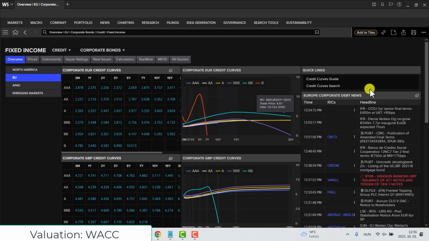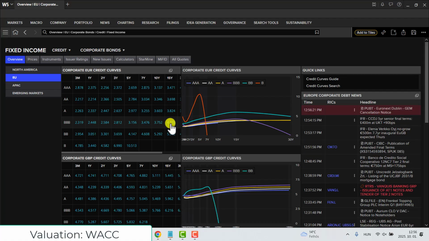So if we are checking what is happening in BBB rated companies, we can see the decline in the yield curve, as inflation was decreasing and as the key policy rate at the ECB was decreasing, we can see that it also became cheaper for us to fund the company.